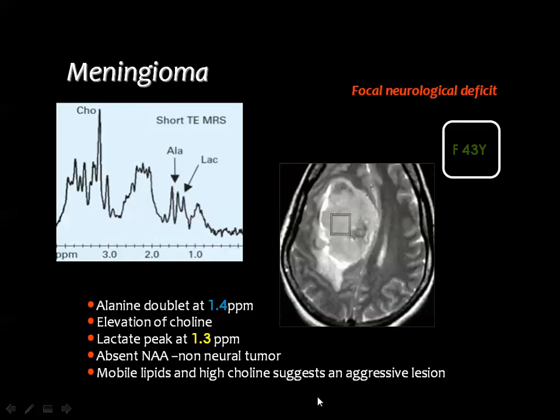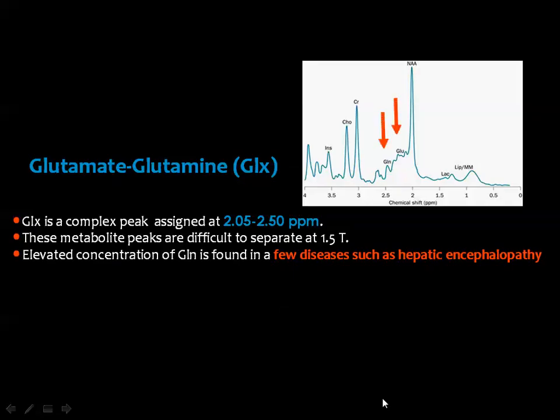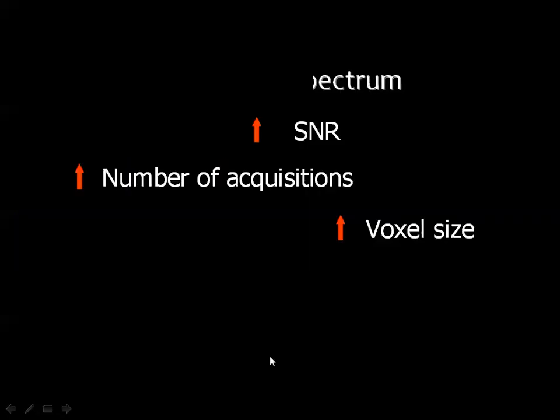The elevation of the choline and the presence of this lactate may suggest that this meningioma is of an aggressive nature. And glutamine and glutamate are present very near to the N-acetyl aspartate at 2.05 and 2.50 parts per million, and they are elevated in a few diseases like hepatic encephalopathy.